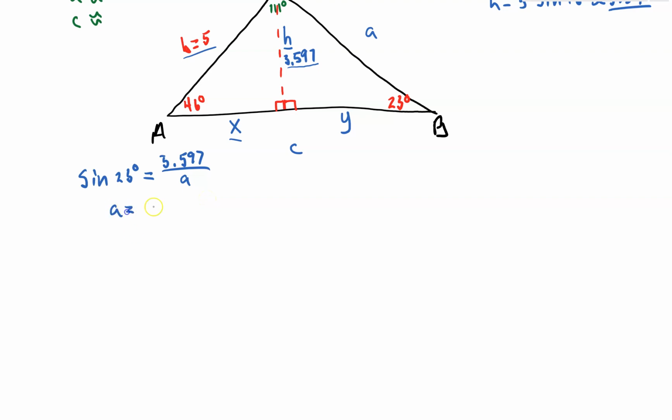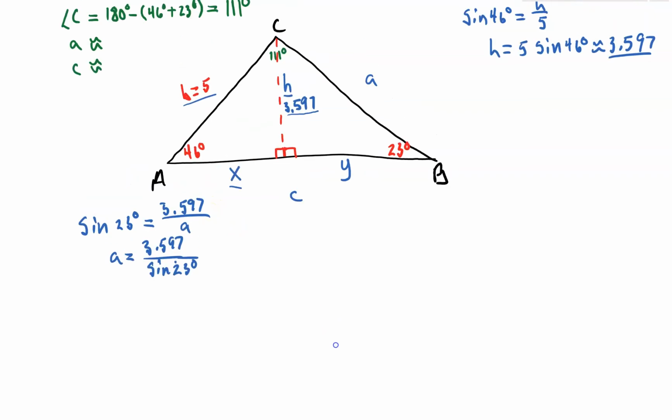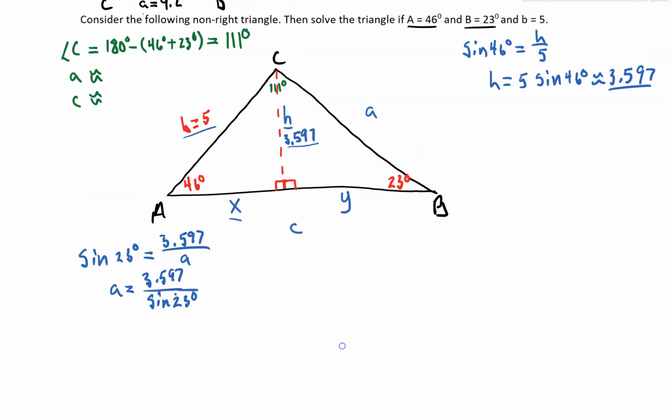So a is going to equal 3.597, and I'm going to divide that by sine of 23 degrees. When you do this and round off, in this one I'm just rounding to 1 decimal place, you plug it in your calculator, you should get an answer that is 9.2. That should be the answer for that one.